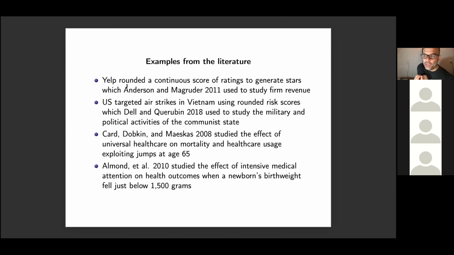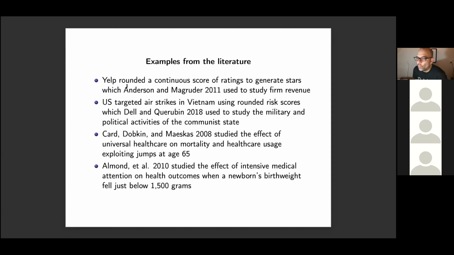Basically, what Yelp does is you leave a review of a restaurant or firm, and they present the rounded score as a star. So if you have, on average, 4.5 stars out of 5, they'll just round it up to a 5-star. And if you've got 4.4, they'll round it down to a 4.